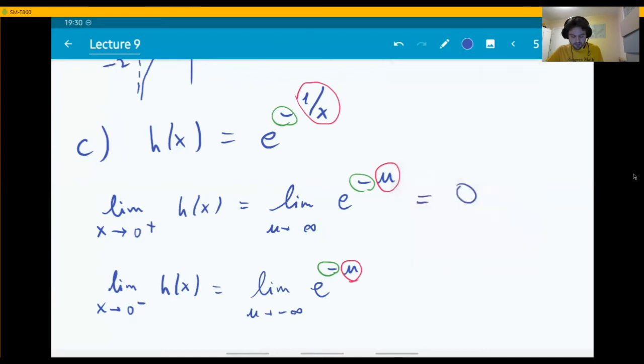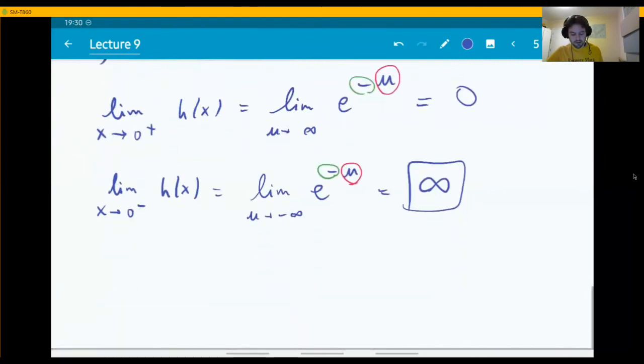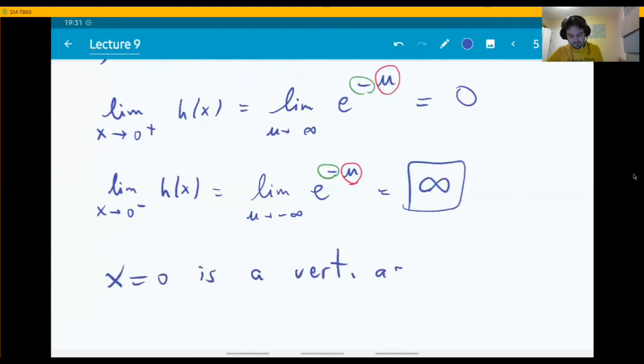If you're taking u to minus infinity, and you're doing e to the minus u, that means e to the plus infinity, which is infinity. And that's what we care about. We found an infinity value. That means that there is an asymptote there. X equals 0 is a vertical asymptote. Only because of one-sided limit, not the other.